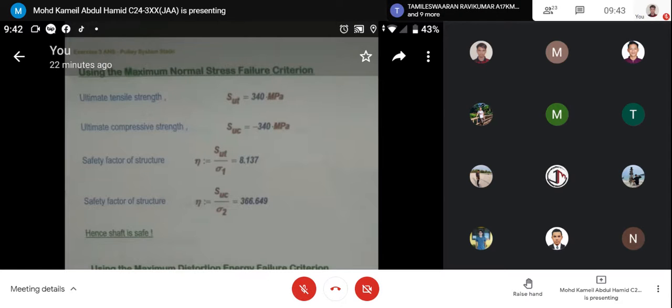Sigma 1 we already have, so 340 divided by sigma 1 gives 8.137. Then for the safety factor in compression, SUC divided by sigma 2, you get 366.